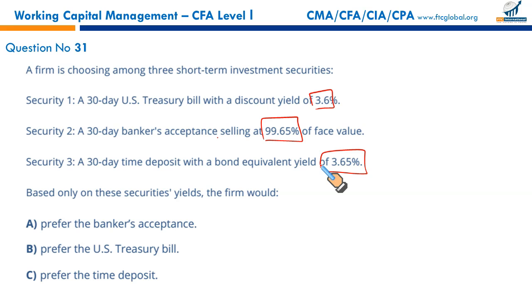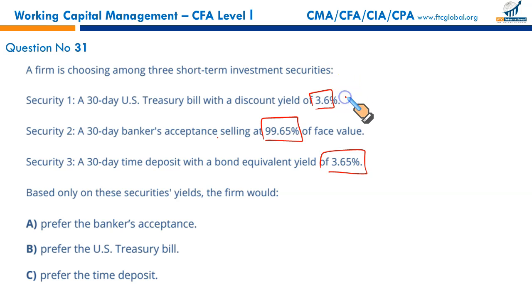Based only on these security yields, the firm would select which of these? In order to compare these investments, we will have to use some preferred basis, and the preferred basis in this case is the bond equivalent yield. Let us calculate for all three securities and then decide which is the best.